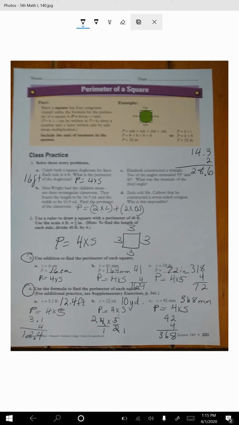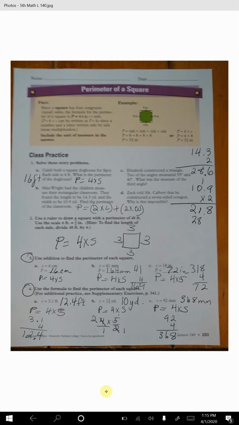Now we're going to do 2 times the width. I'm having to look back at my book because I can't read this math page. 10.9 times 2 is 21.8. Add them up.